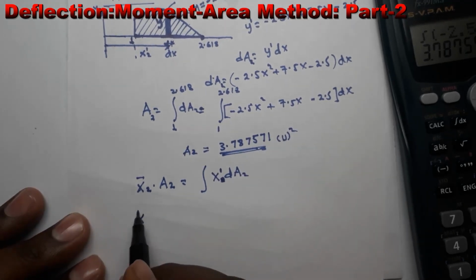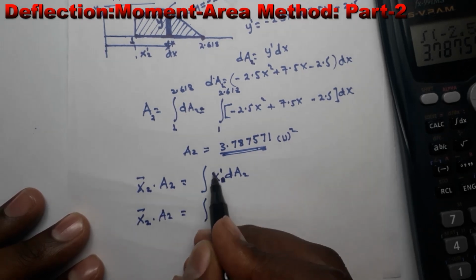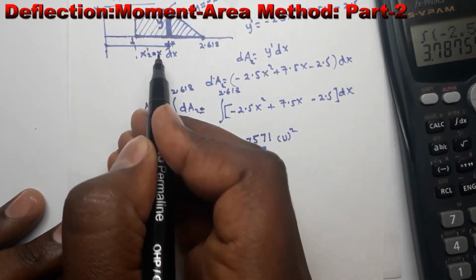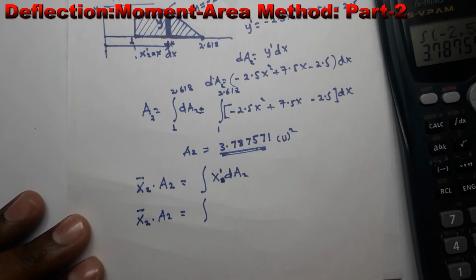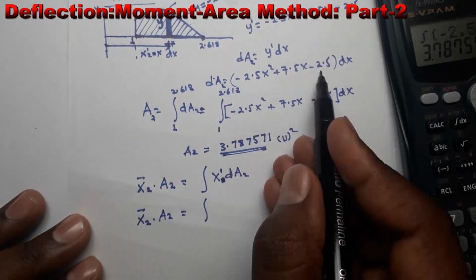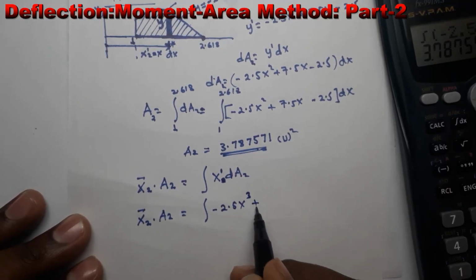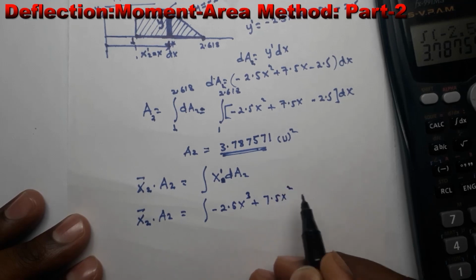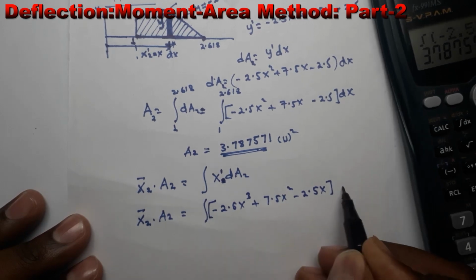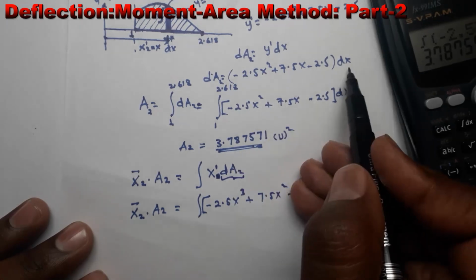So x bar 2 times area 2 equals the integral of x times dA2, where x2 is equal to x. If I multiply x by this, I will have minus 2.5x cubed plus 7.5x squared minus 2.5x, with dx, because dA2 equals this dx.